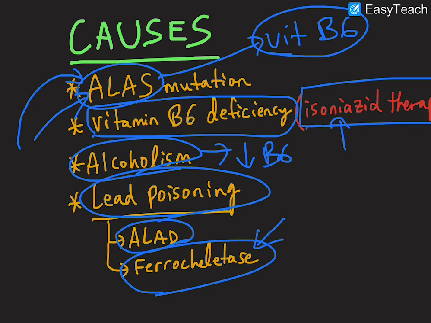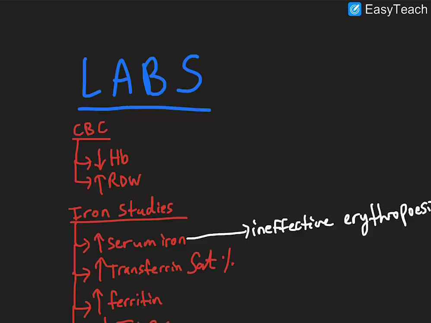If ferrochelatase isn't working, you can't form heme. If aminolevulinic acid dehydratase isn't working, you can't make protoporphyrin and therefore can't make heme, again leading to sideroblastic anemia. Those are the main causes to keep in mind for our exams. Let's move on and see what we have next.